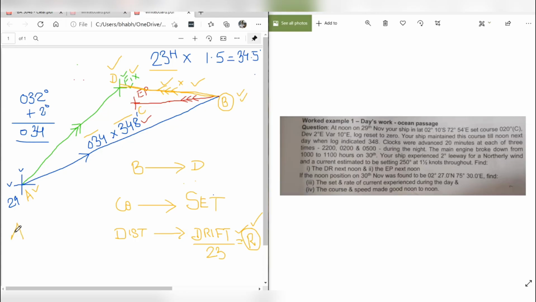So alpha to delta, the course and distance would be the CMG and the distance made good. Once you get this distance made good, you divide it by the total duration, which is 23 hours. So 23 के साथ हम इसे divide करेंगे, हमारे पास speed made good आ जाएगी. So that is the last part of the question.